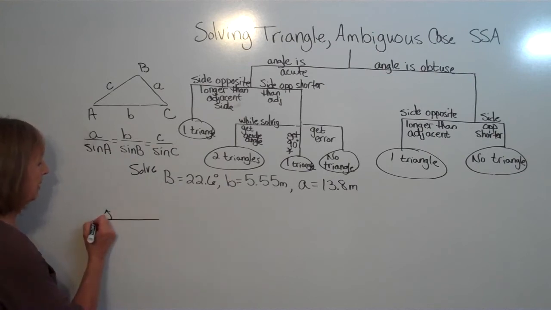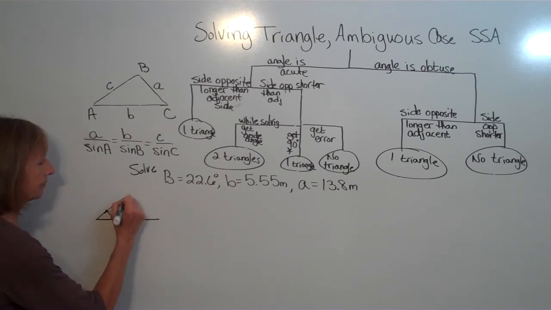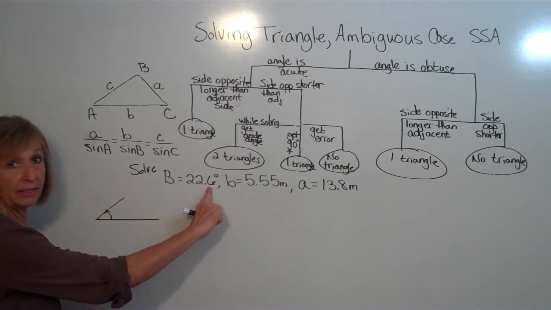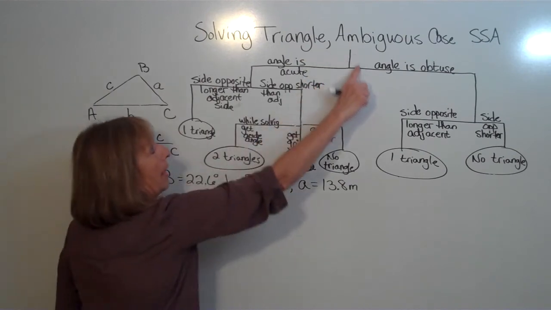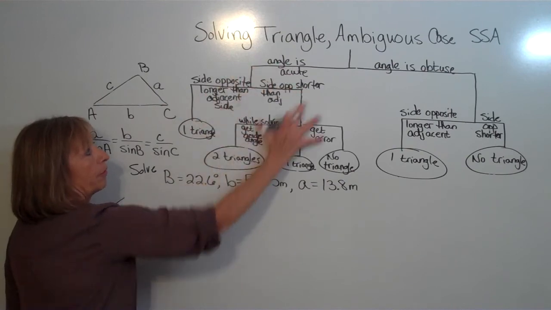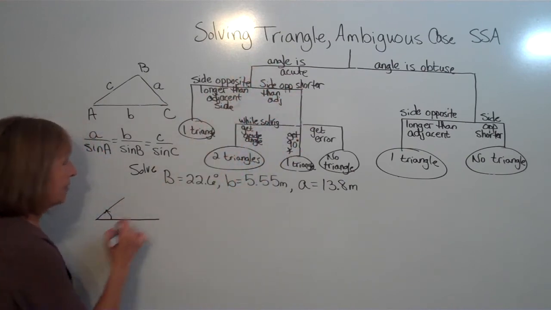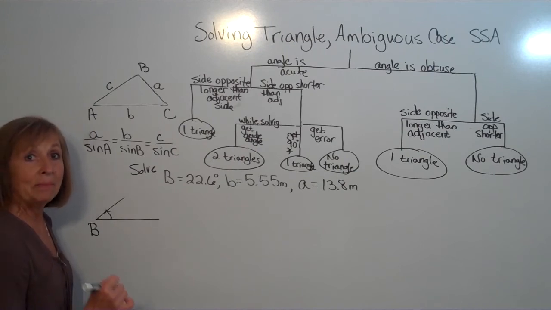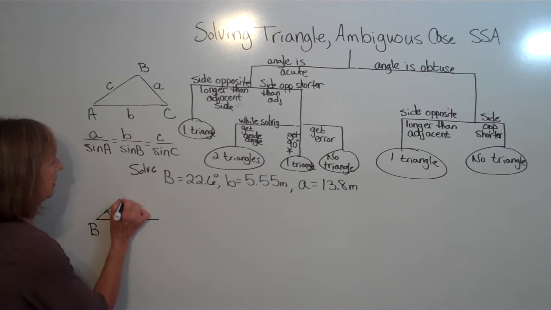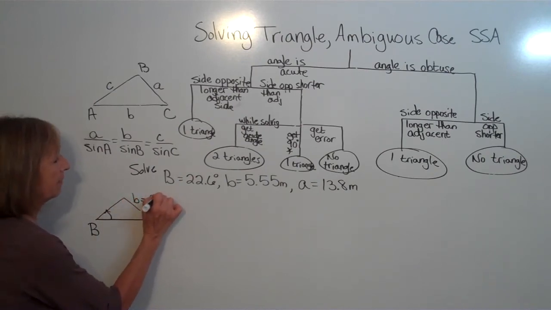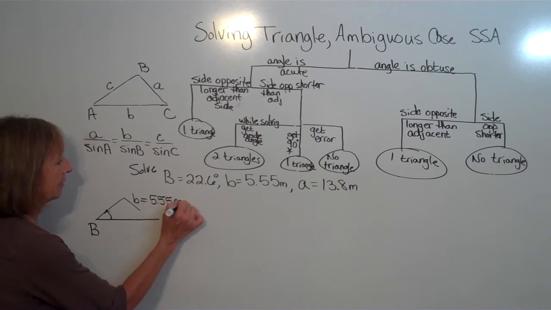So 22.6 degrees. 22.6 degrees is an acute angle. So I know my angle is acute, so I'm over here. Now that's angle B. Side B is opposite angle B. So going opposite, side B is going to be over here, and that's 5.55 meters.